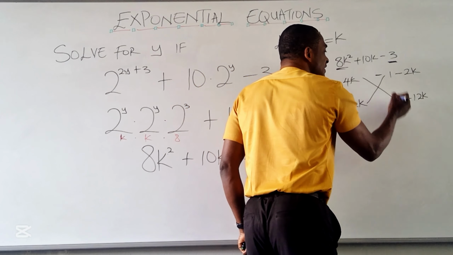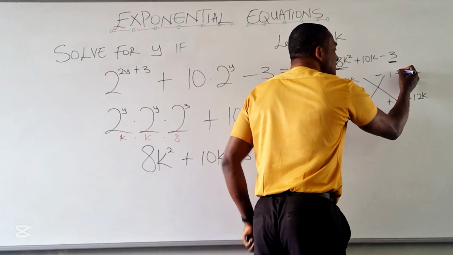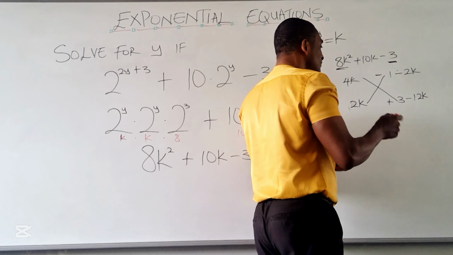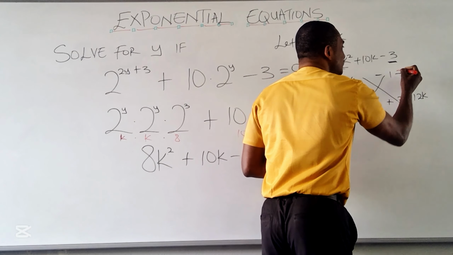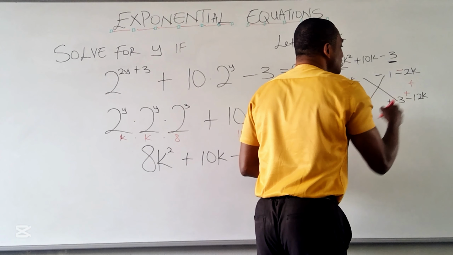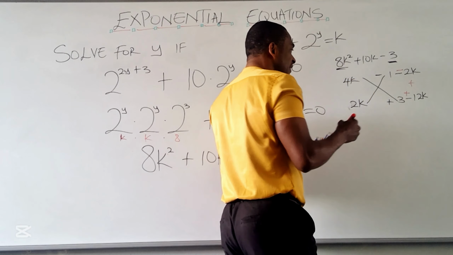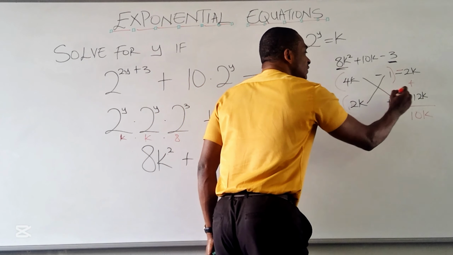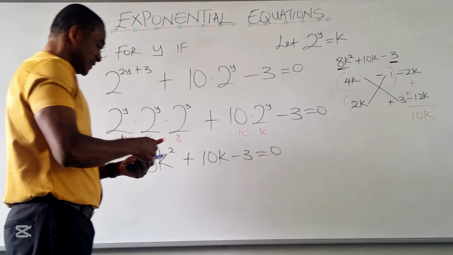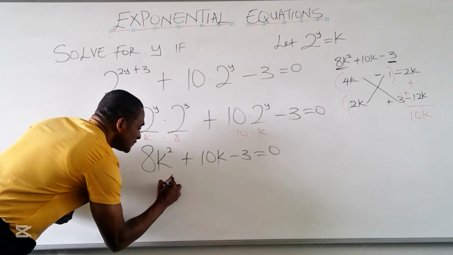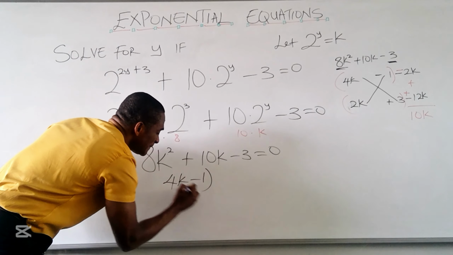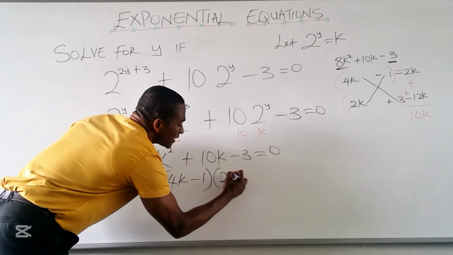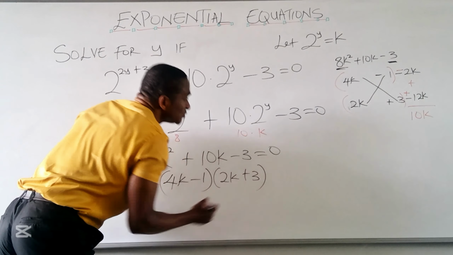So this will have the negative, this will have the positive, because negative 2k plus positive 12k will give us positive 10k. Then we take our factors the way they appear with their signs. So our factors for this will be 4k minus 1 and 2k plus 3. So those will be the values of k.